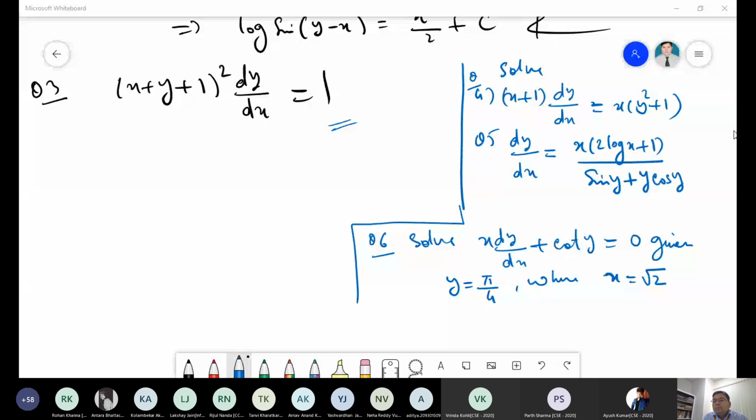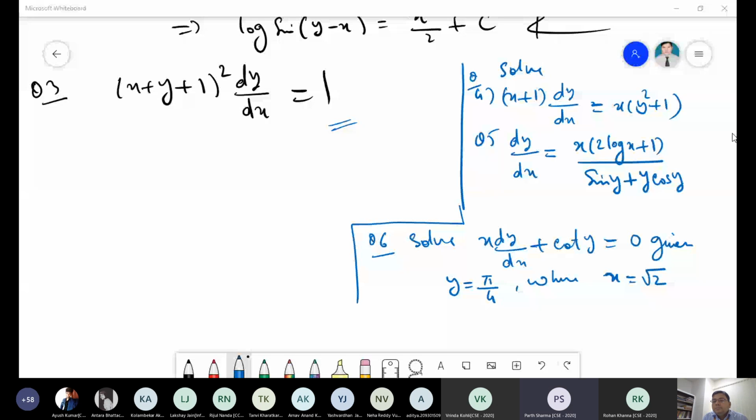Rohan Khanna, you are not able to understand this variable separable method? I was able to understand, I made a slight error. Sir, you have raised your hand, Yashvardhan. Yes, sir. Okay, anyone who is not able to understand what is the variable separable method? Parth Sharma is not able to understand, I think.